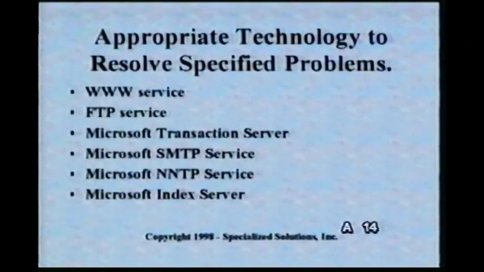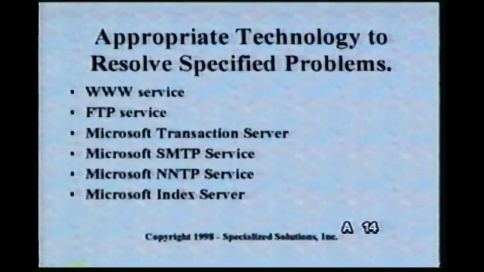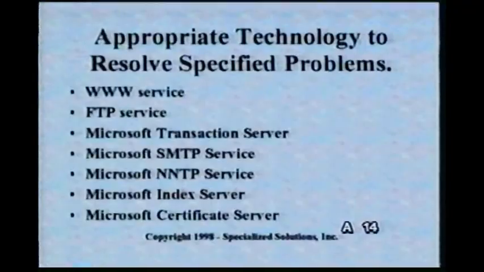There's Index Server, which allows you to categorize or catalog your web pages, your website, or even directories on your server. Then there's Microsoft Certificate Server, which is integrated within IIS and allows you to issue certificates, which can be used to enhance security with your Internet Information Server.